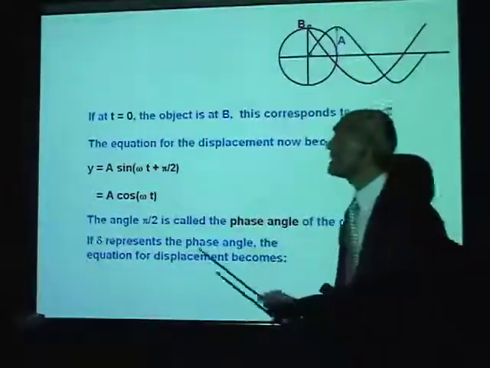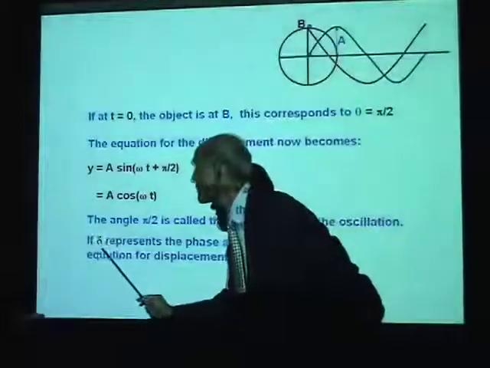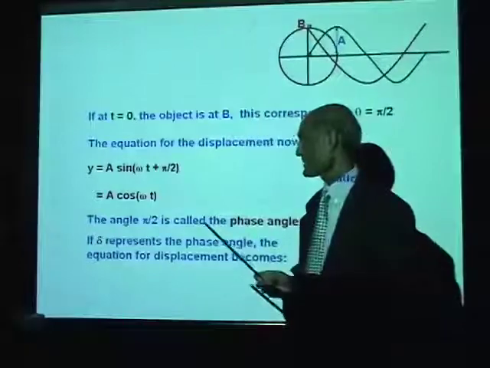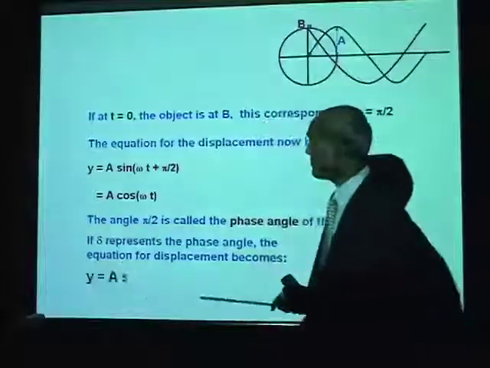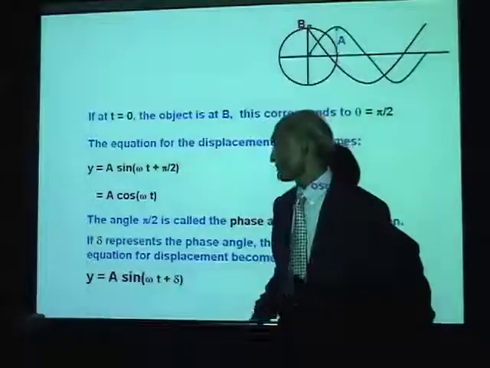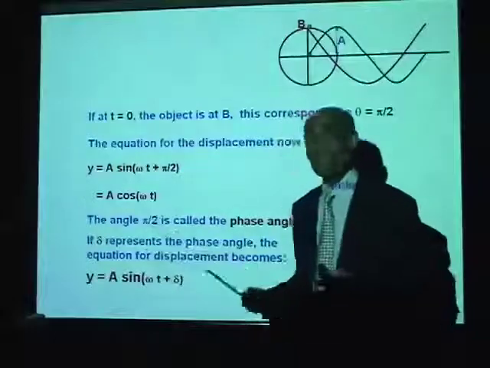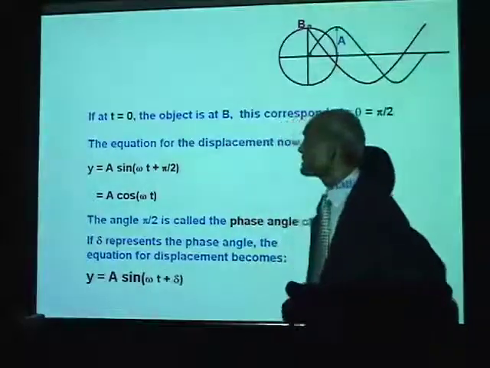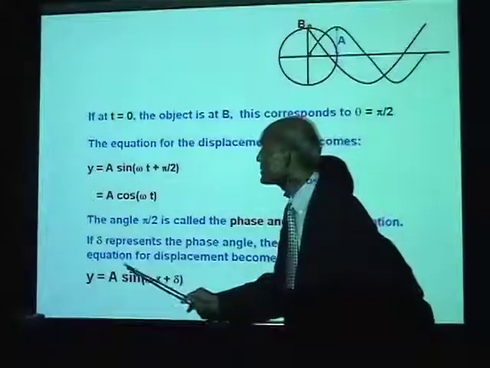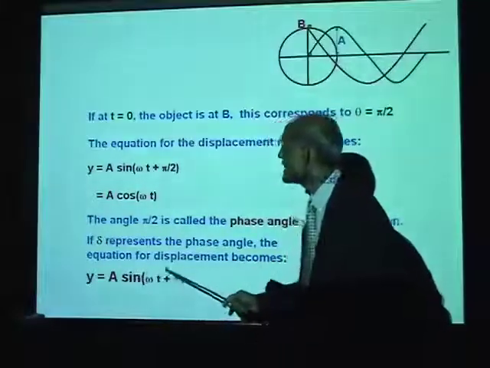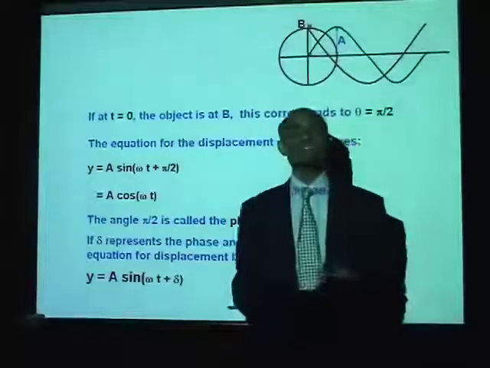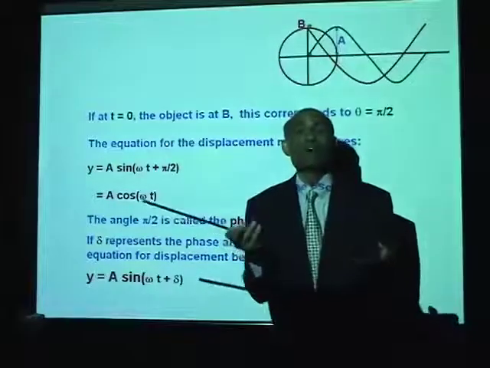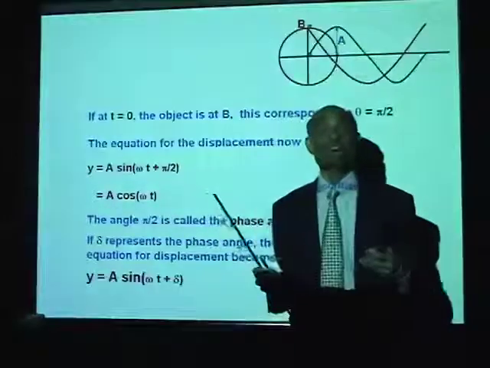Alright, for convenience, we will represent the phase angle by the Greek letter delta. So, what would then be the equation for oscillation? The displacement of an oscillation can now be written as y equal to a sine omega t plus delta. You see, depending on the value of delta, you know when the clock was started.